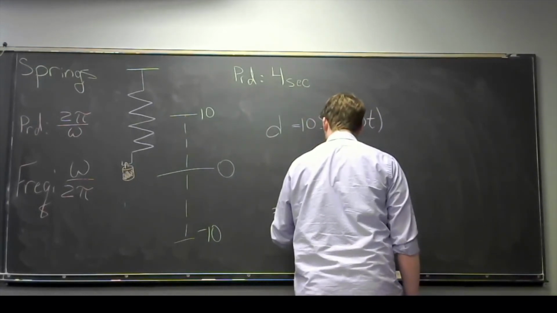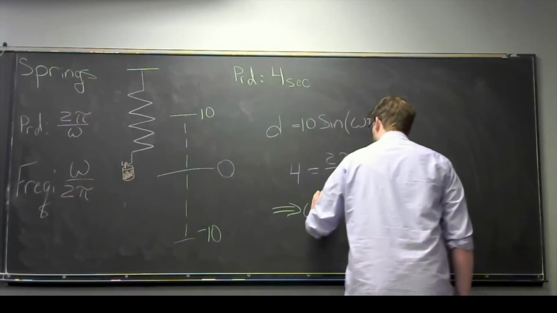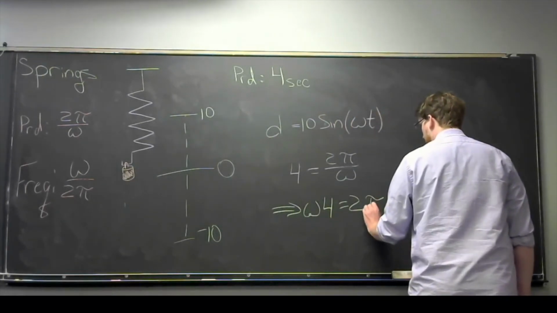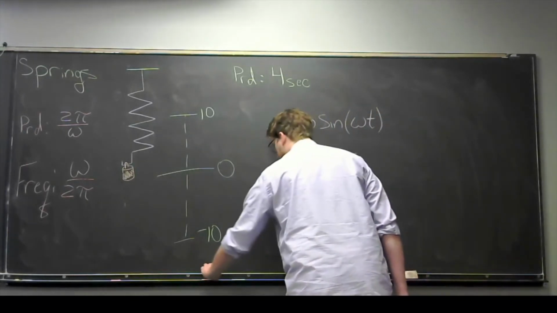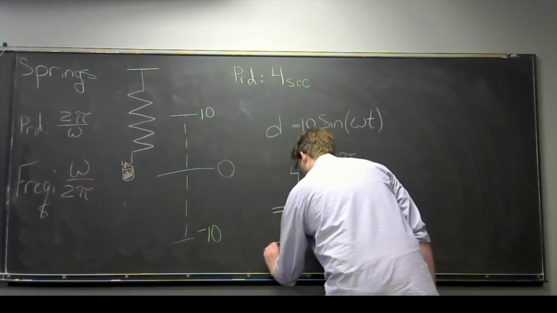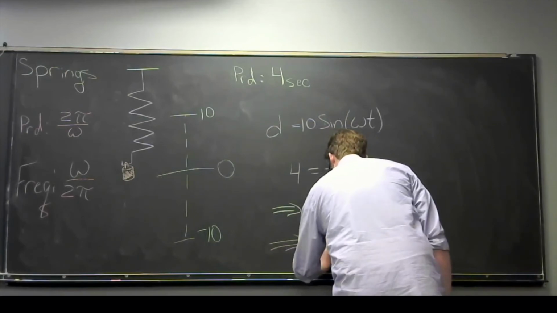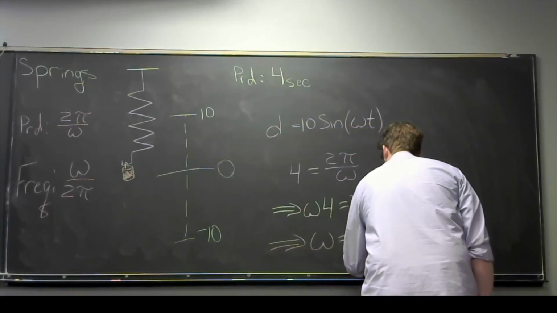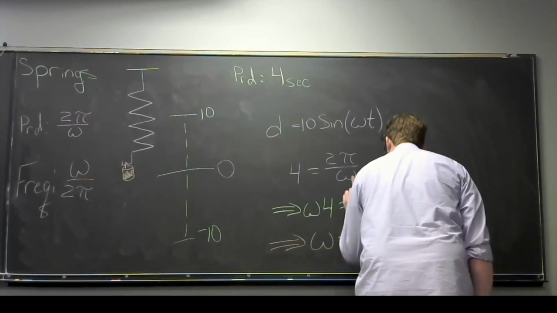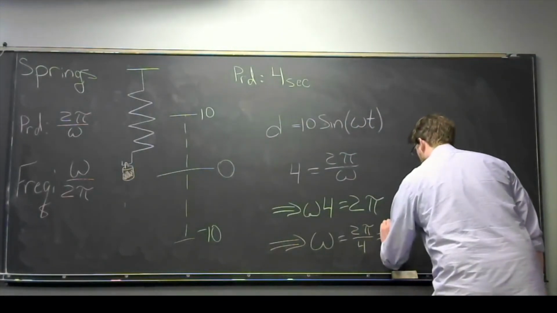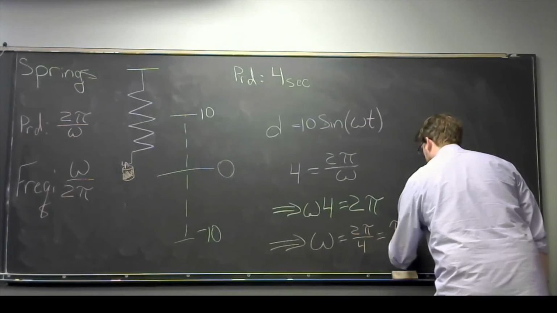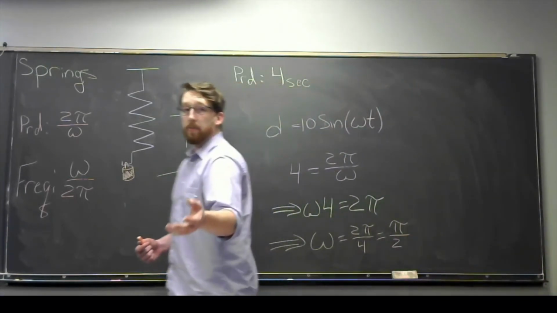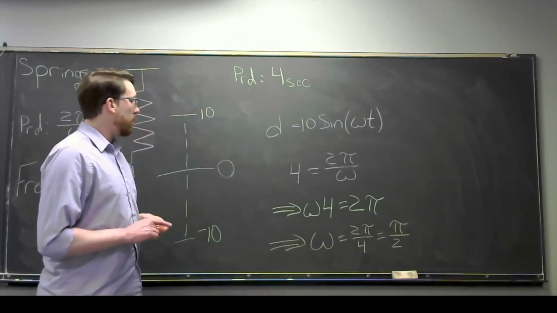So it's going to look something like this. Omega times 4 is equal to 2 pi, which is then going to tell us omega is equal to 2 pi over 4, or just pi over 2. So we just found omega. Omega is pi over 2.